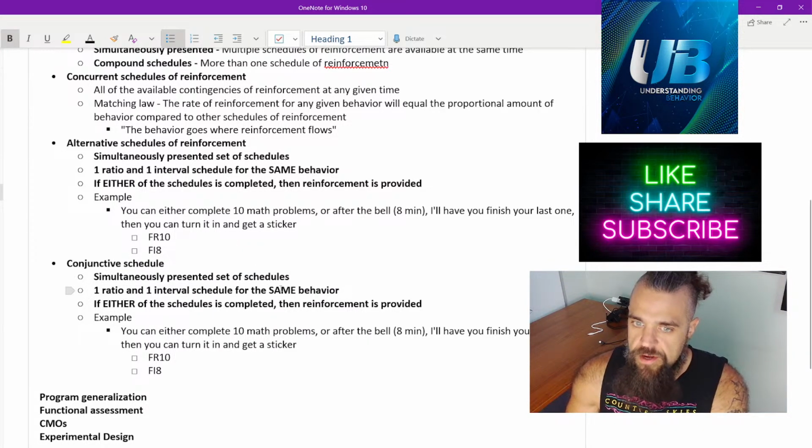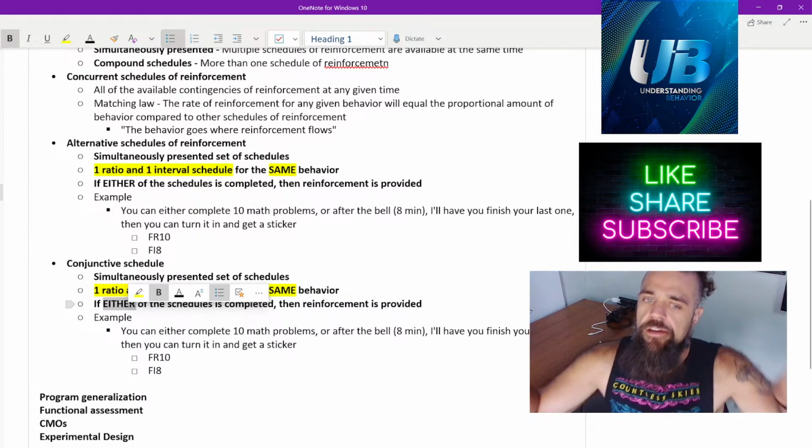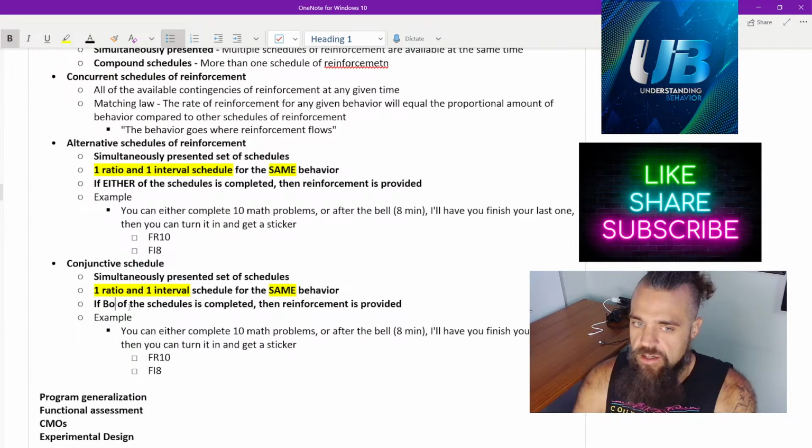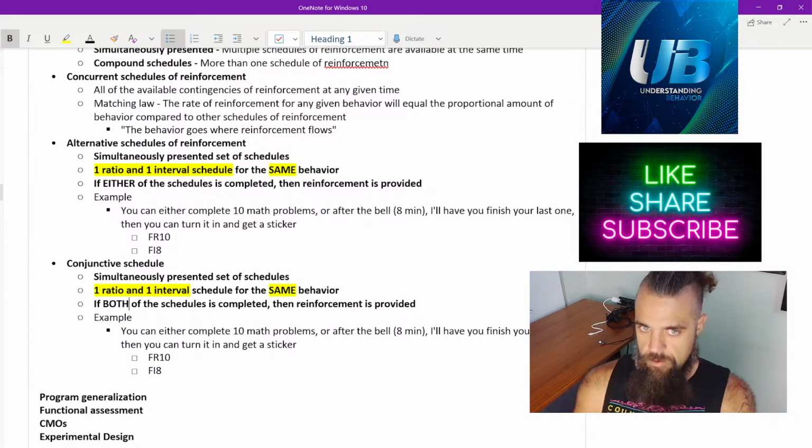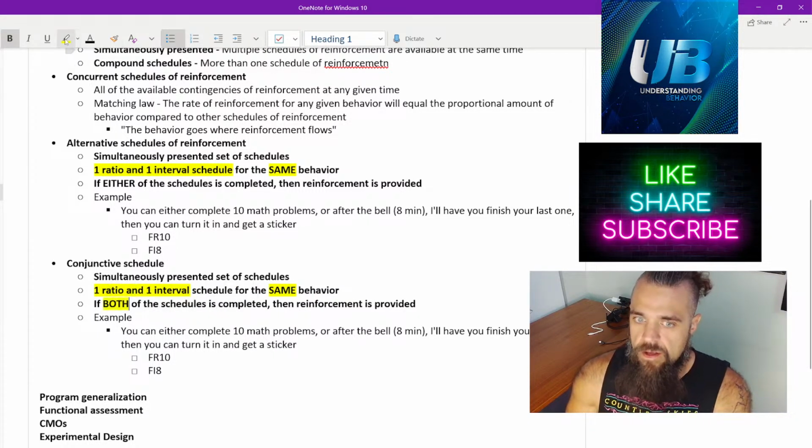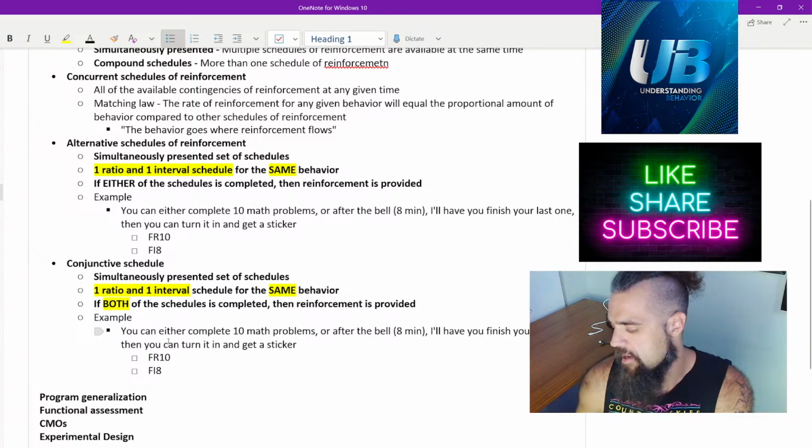It's one ratio and one interval for the same behavior. So let's get those highlights in there. And then instead of it being either of the schedules completed, a conjunctive schedule, think about it like conjoined, this requires both. So now they must do the ratio and the interval schedule to get the reinforcer.